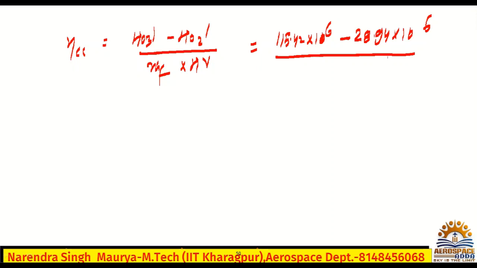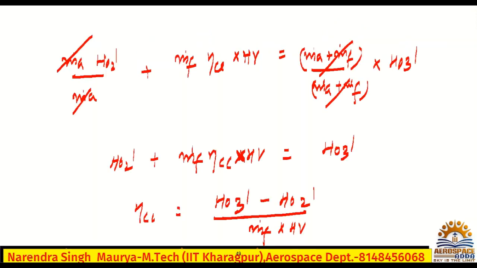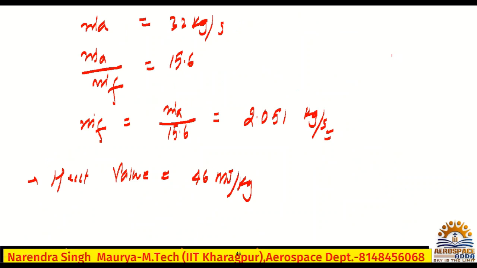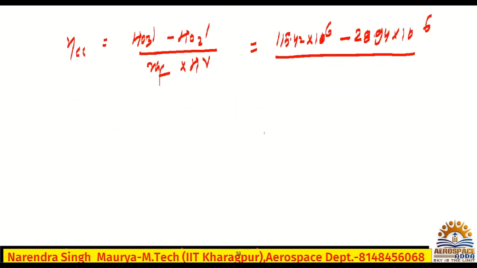M dot f you have calculated, how much is it? Check. Somewhere you have calculated 2.051. This is the value, 2.051. And this heat value, how much is it? It is called the calorific value, or heat value.